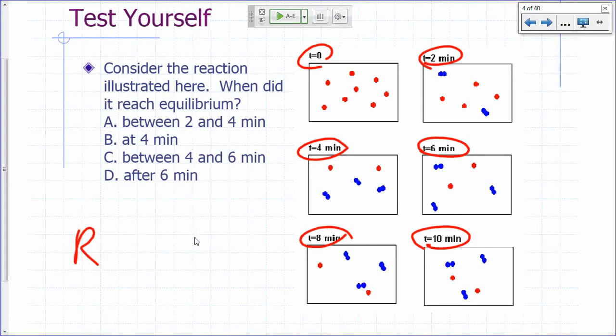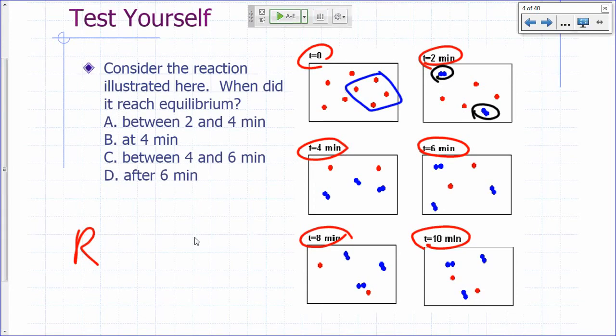From time 0 to 2 minutes, you lost 4 red atoms, and they're now converted into molecules. I colored the molecules blue just to emphasize that they've been turned into molecules. So that's your reaction right there.